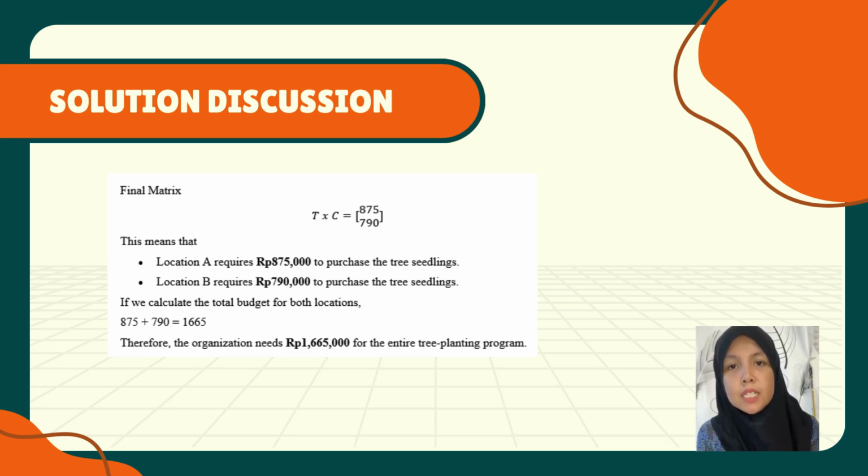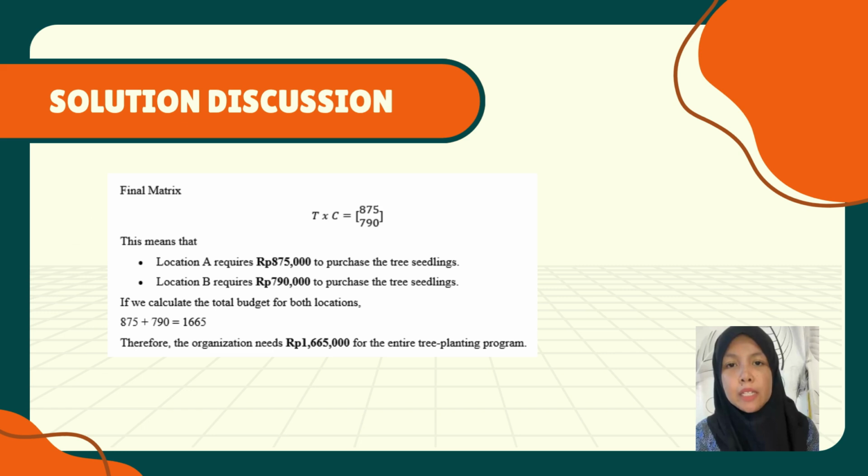This example clearly shows that matrix multiplication is not only a mathematical procedure. It is also a practical tool that helps us organize information and perform calculations efficiently. In this case, matrix multiplication enables us to estimate the budget needed for a tree planting program accurately.